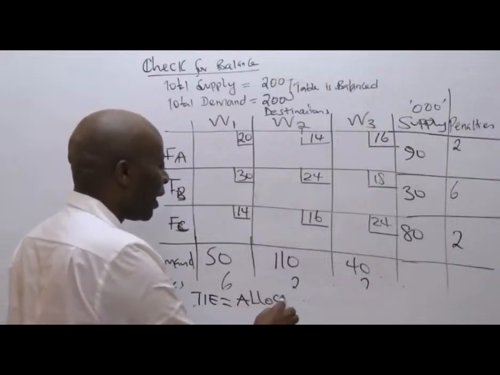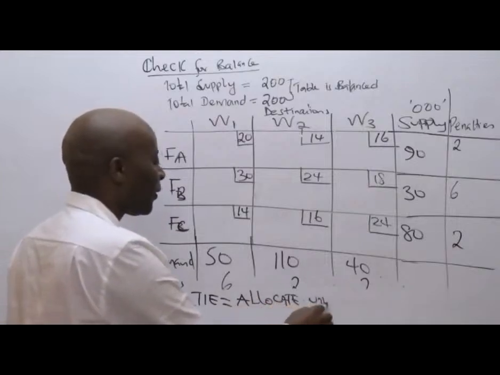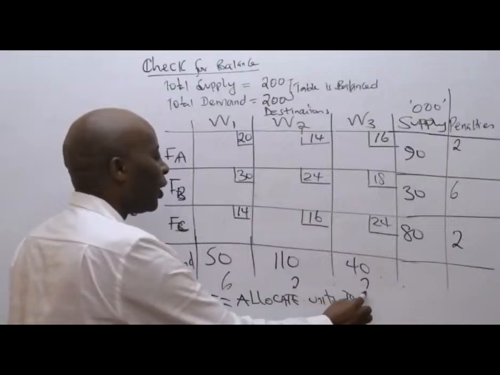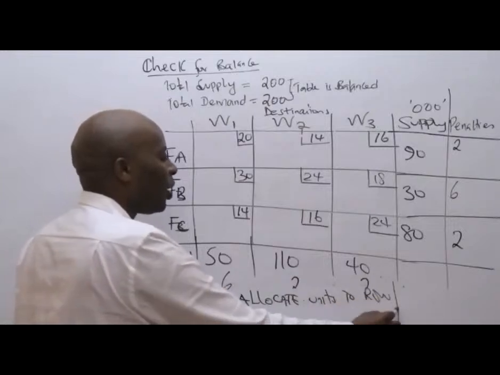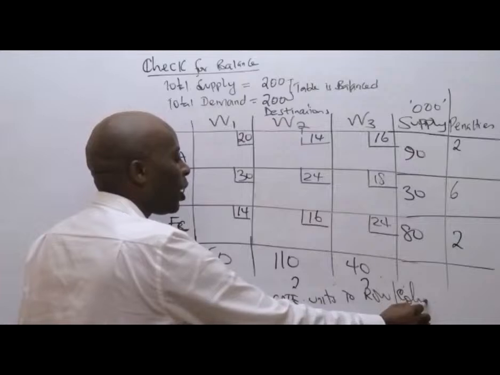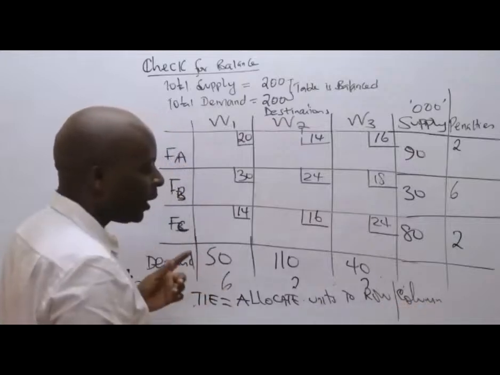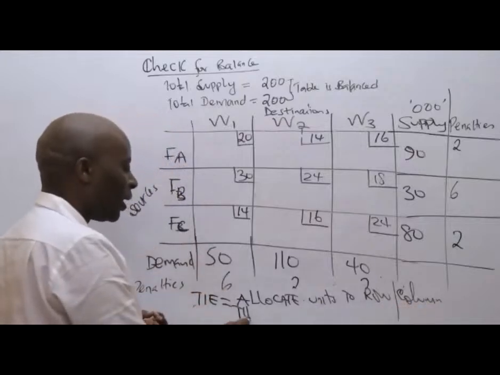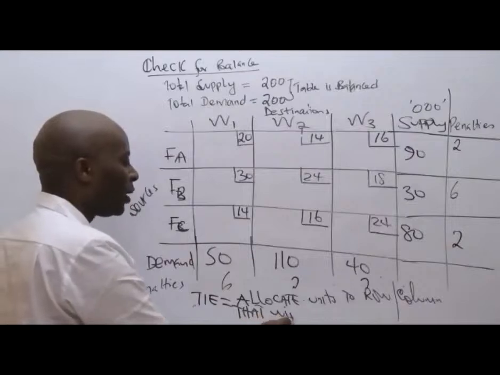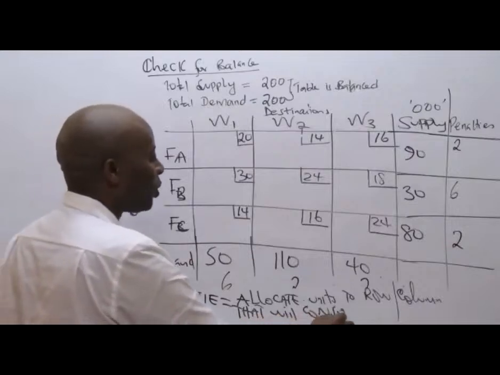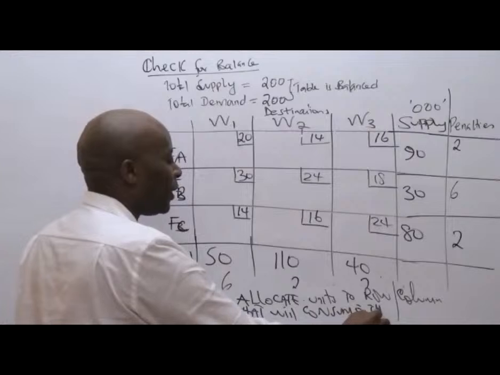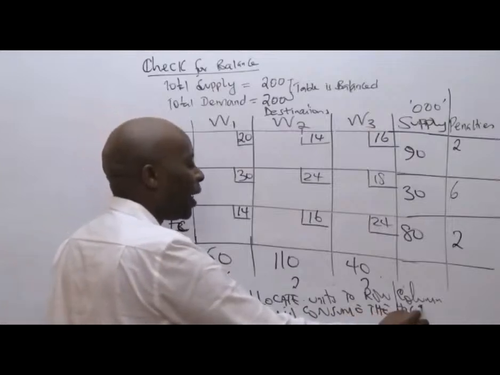Whenever there is a tie, allocate units to the row or column in the tie that will consume the highest quantity.